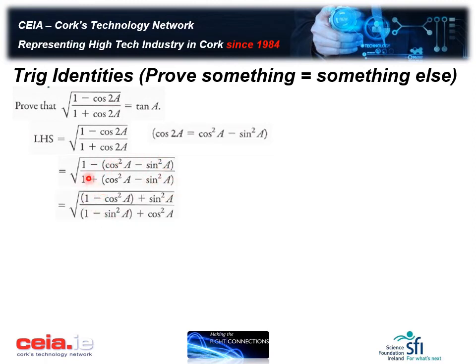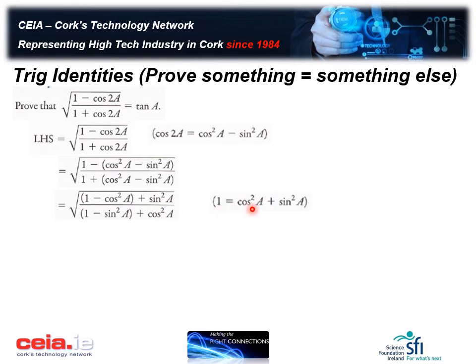So what I end up getting is 1 minus cosine squared a plus sine squared a, and I just have brackets around it here because I'm preparing for the next step. Actually, the very first trig equation on the list, on page 13, is that cosine squared a plus sine squared a is equal to 1.